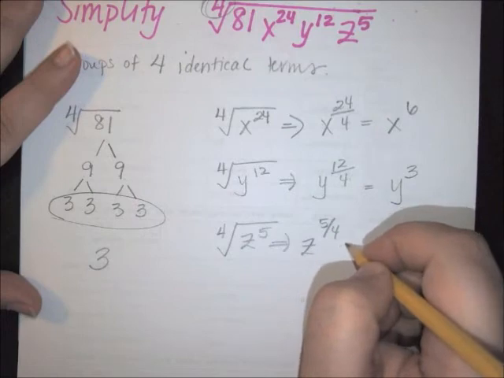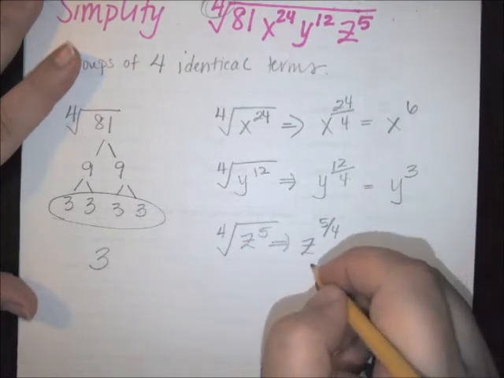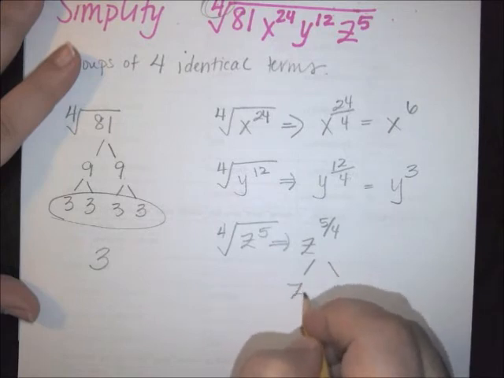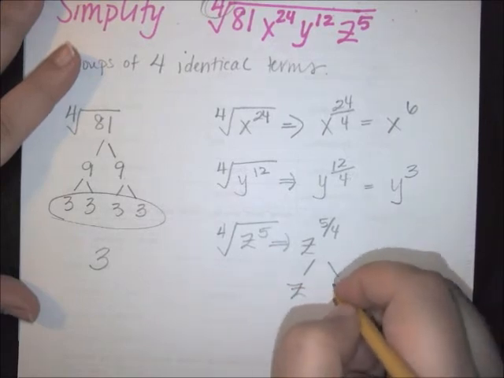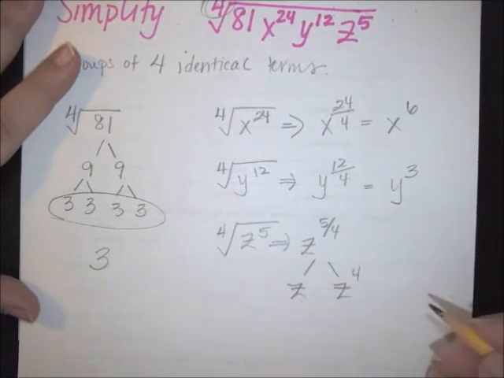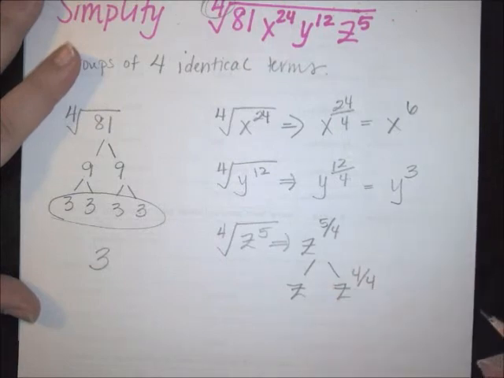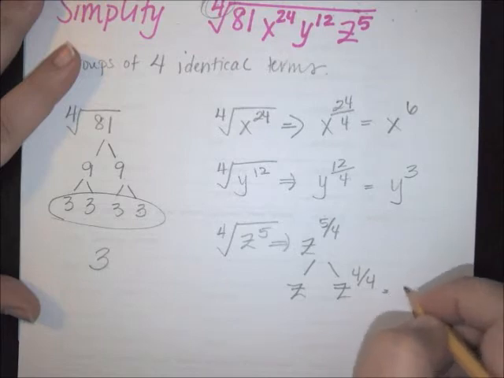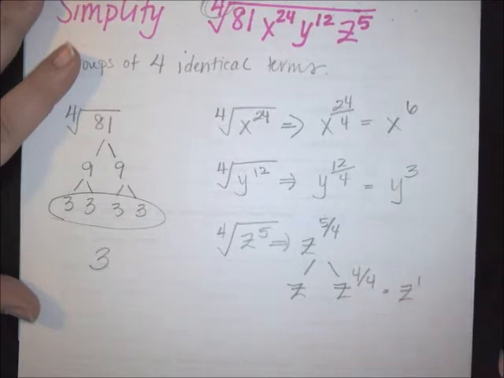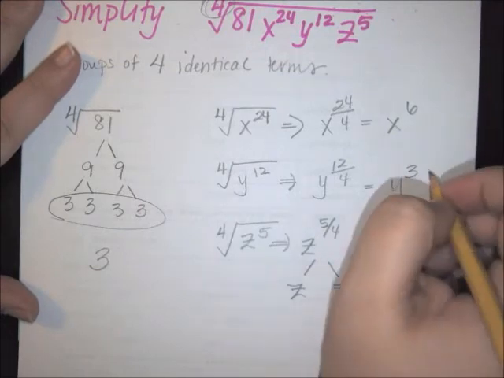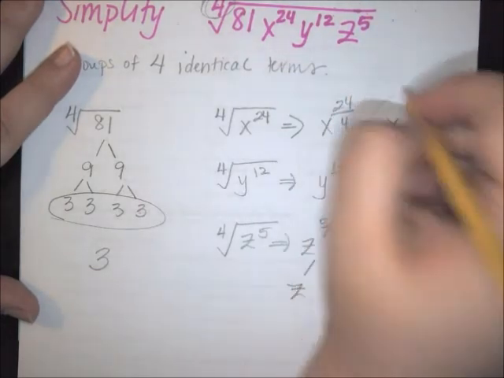So this means that we now have to siphon off. So you're going to pull off one z, and you're going to leave behind z to the 4th. And again, we're going to look at, does this divide by 4? Well, it does. This ends up being z to the 1st. And so this pulls out, and this pulls out.